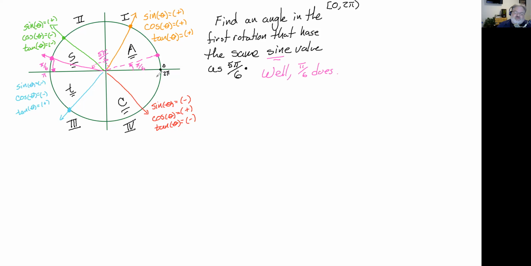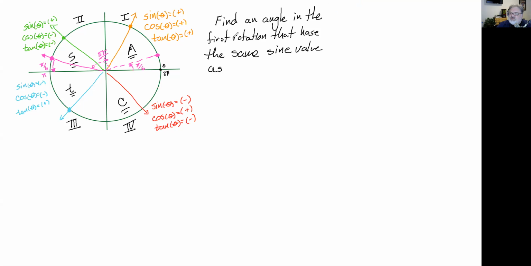Or if we're on the unit circle, it would just be the same y value. So they've got to have the same value. We could do that again for a different angle, maybe even not one in radians. We could do it in degrees just as easily.